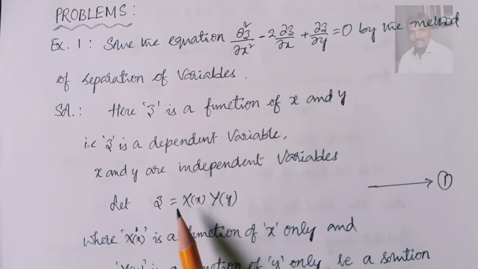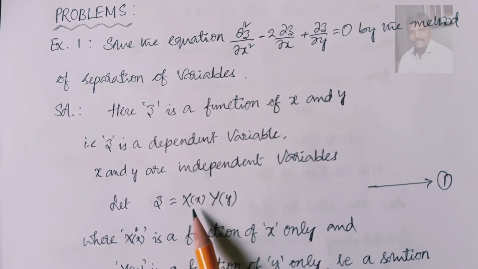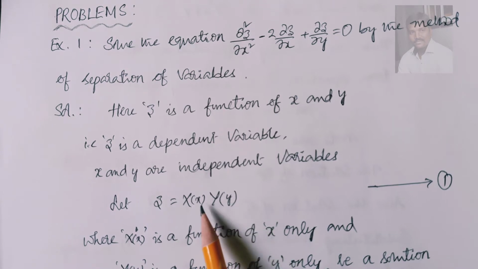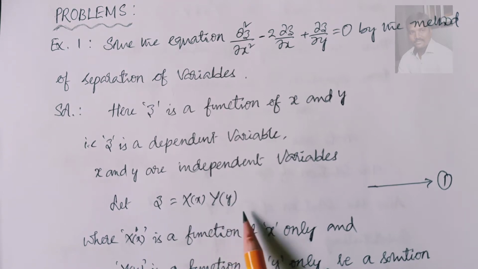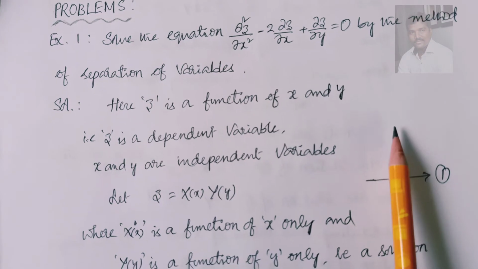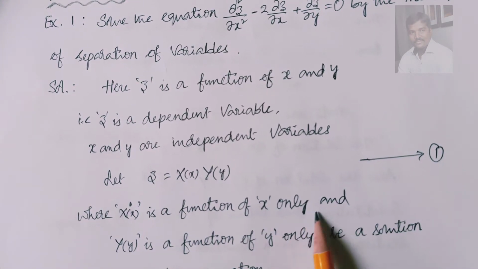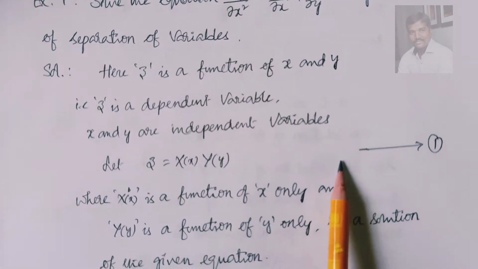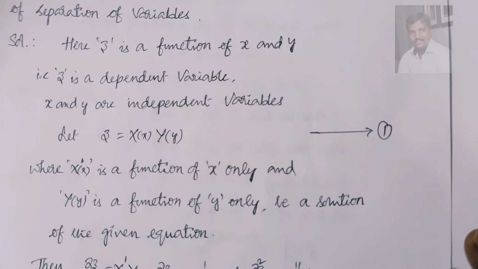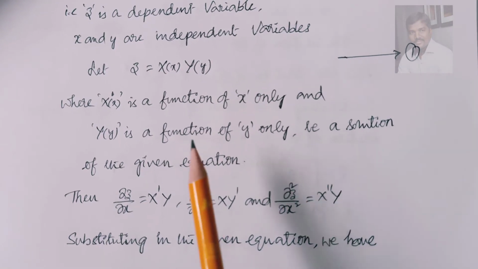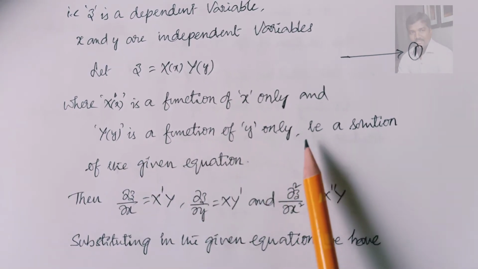Let z be the product of these two functions, capital X of x and capital Y of y, where capital X is a function of x alone and capital Y is a function of y alone.